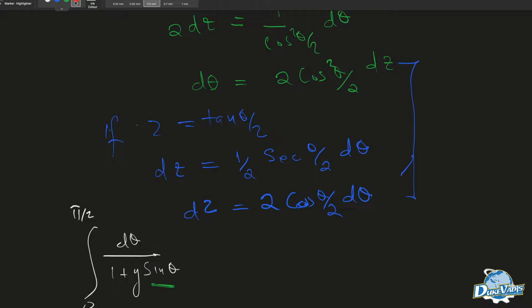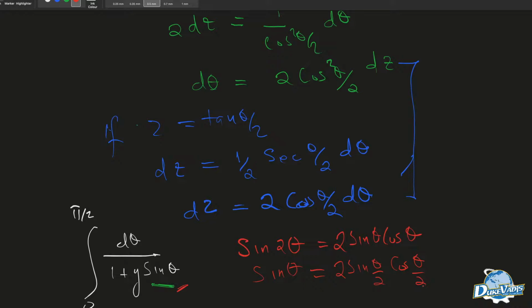Because of the sine theta, we know that for the double angle formula, sine 2 theta is given as 2 sine theta cos theta. So if we consider only sine theta, then this will be 2 sine theta over 2 and cos theta over 2. Then we can substitute the respective values into the equation.